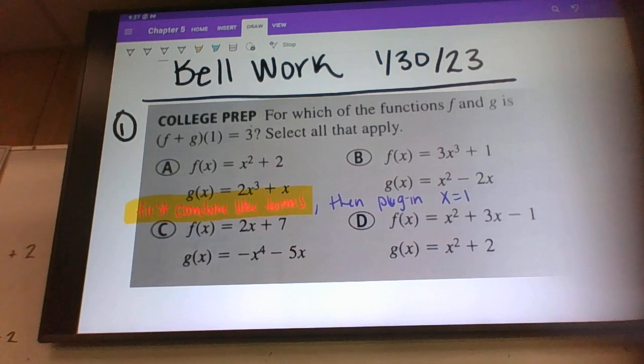Oh, which one where you first plug in like terms? Not combine, then plug in 1. I got this. Too easy. Alright, let's go. Back in the game. 3x cubed plus x squared.